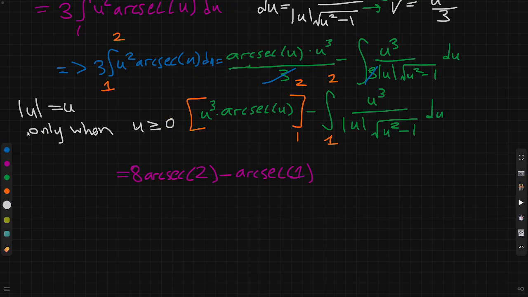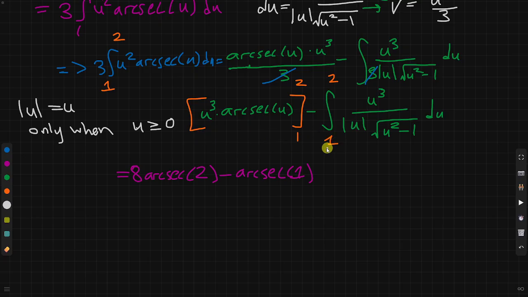Because only if u is negative will the absolute value bars change the value inside. If it's positive or 0, then it doesn't really do anything.